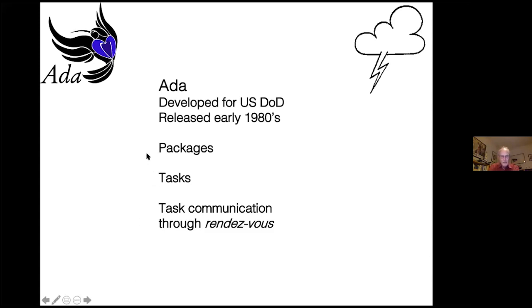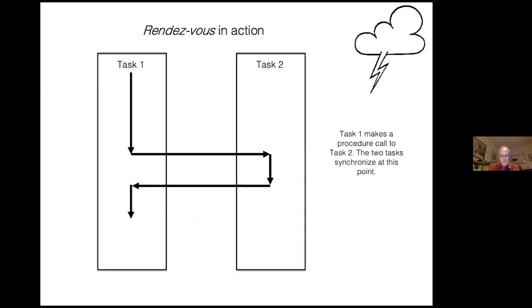It has packages, their term for modules, and tasks, their term for processes. Then they invented a new way of process communication called rendezvous. One task that wanted to communicate with another would call a procedure in the other task and then be suspended until it gets the answer back.